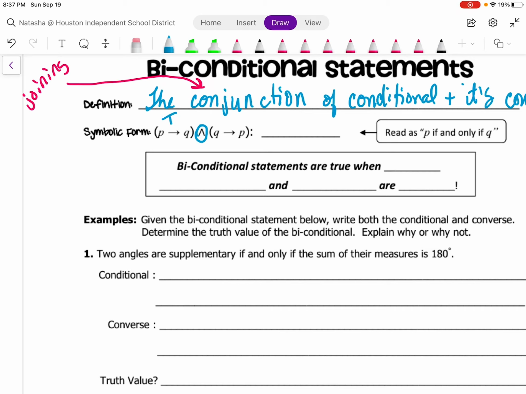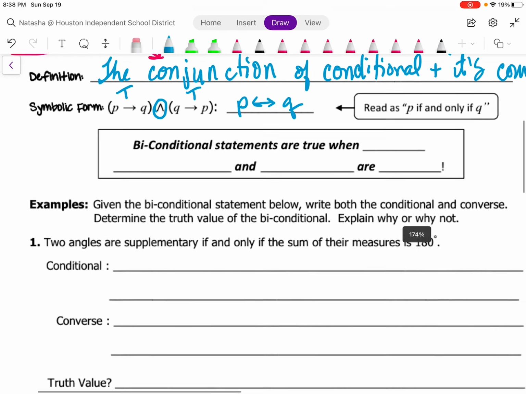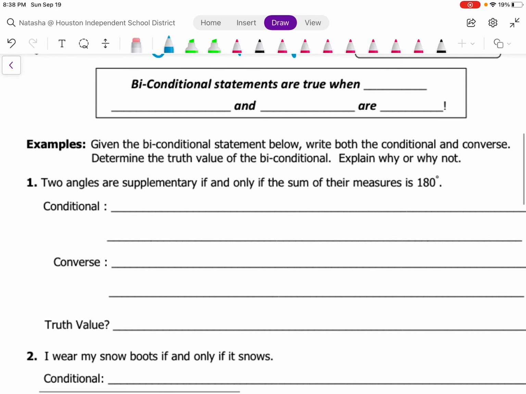If both are true, so if this is true and our converse is true, we can now write this as a biconditional statement, and we can say P, and then we have this little double arrow, and then Q. We read that P if and only if Q. Biconditional statements are true when both the conditional and the converse are true.